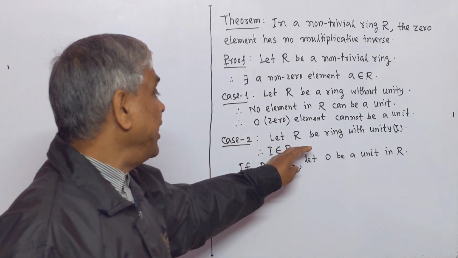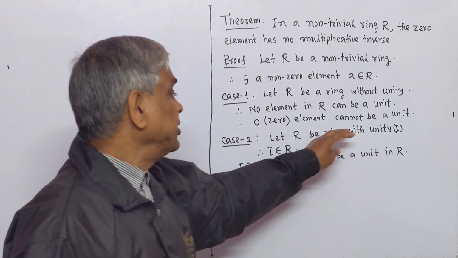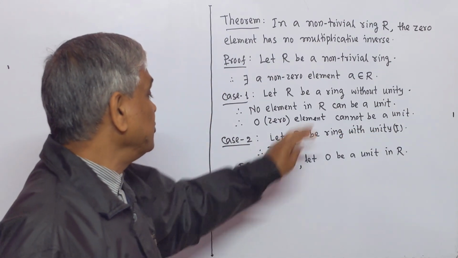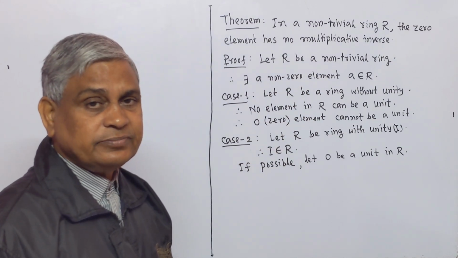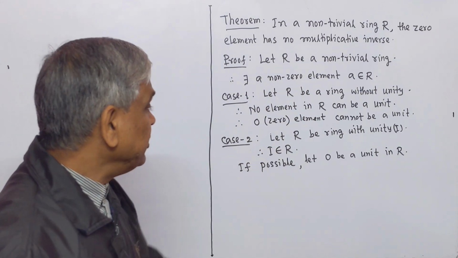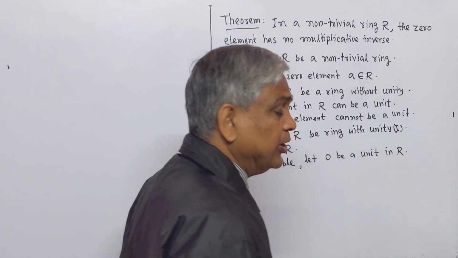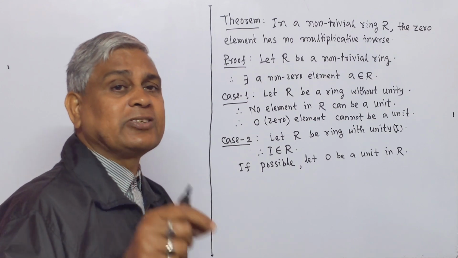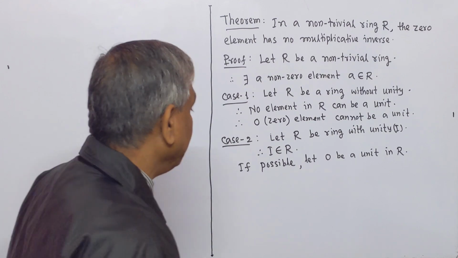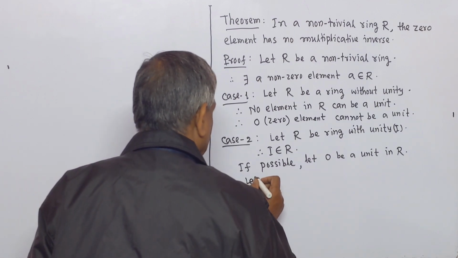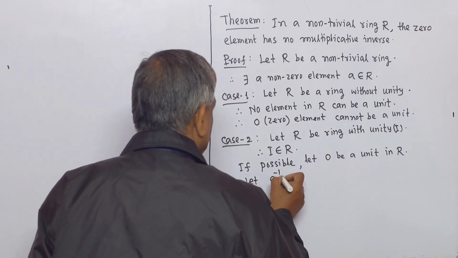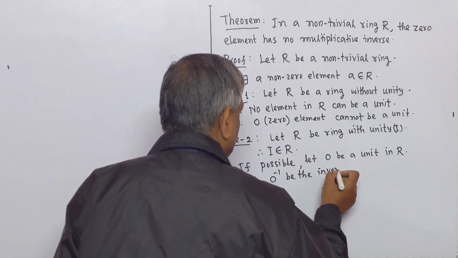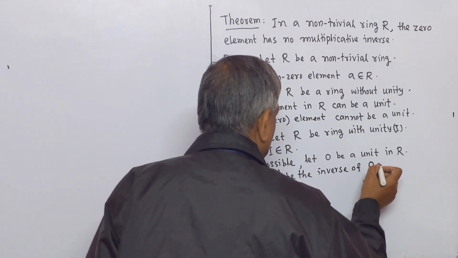Now we take case 2. Let the ring R is with unity I. Therefore, unity I belongs to R. If possible, let 0 be a unit in R. Unit means this element has multiplicative inverse in ring R. Let 0 inverse be the inverse of 0.